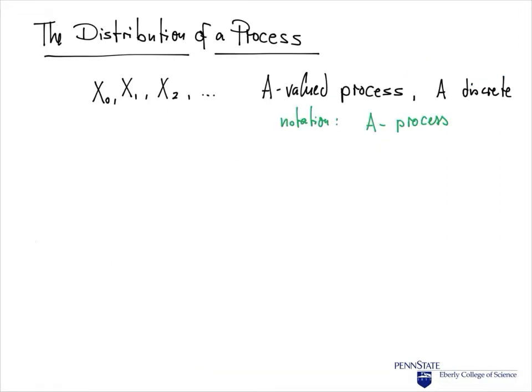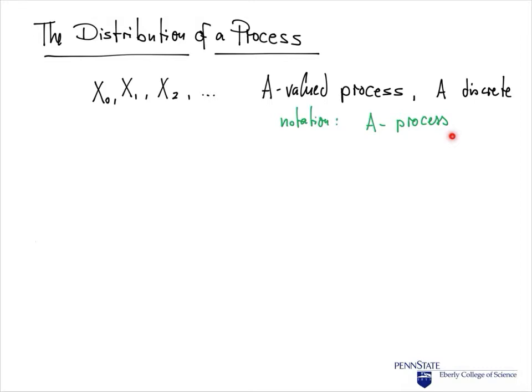So if we take values in our discrete set A, we also call such a process an A-valued process. So we assume that each x_i takes values in our alphabet A, and we also say it's an A-valued process, or simply an A process.